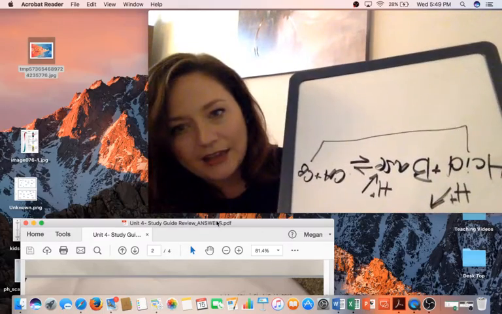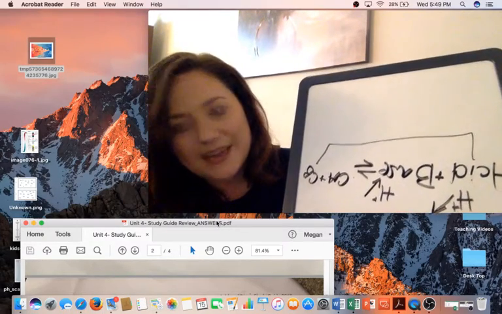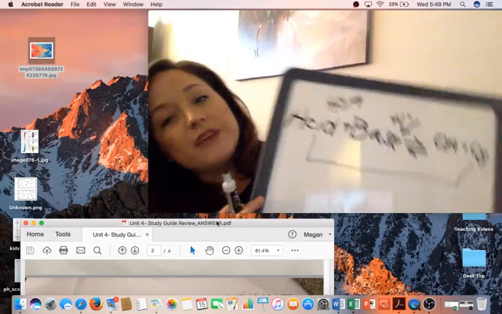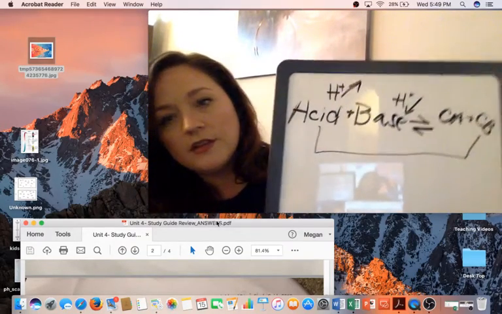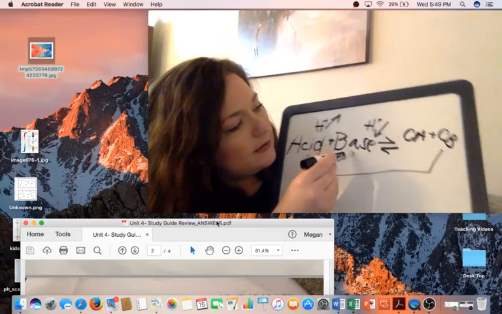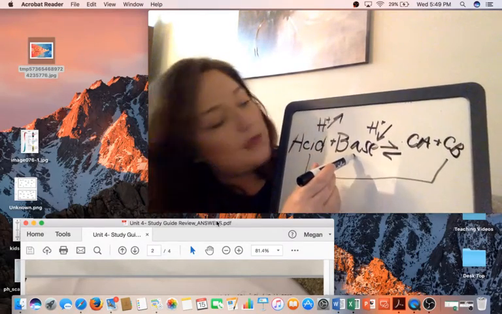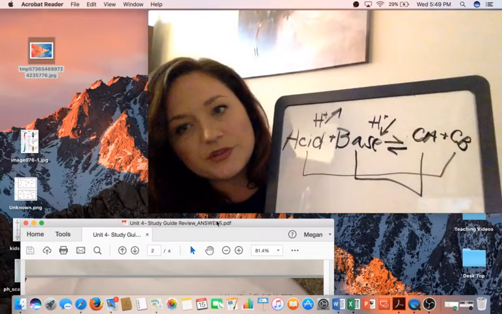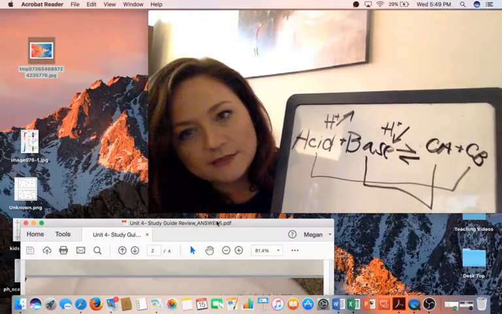That's why the conjugate base is going to be paired with the acid for the reverse reaction. Now, the base took in a hydrogen. His pair is always going to be a conjugate acid.